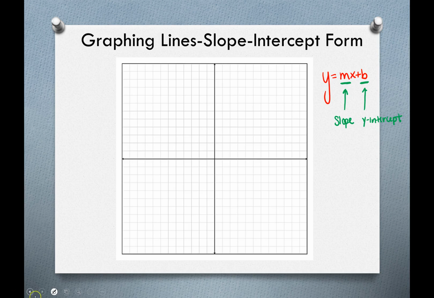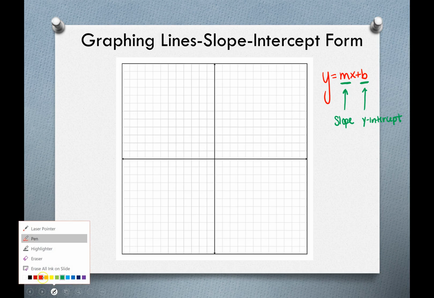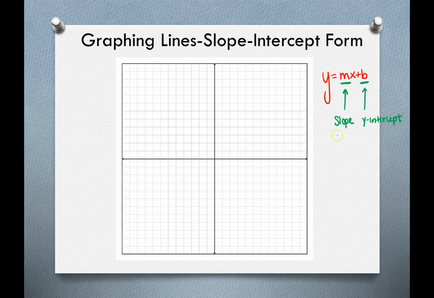Now, what is the slope and what is the y-intercept? Well, the slope is just the change in the y over the change in the x, or you can think about that as rise over run. The y-intercept is simply where the line crosses the y-axis.